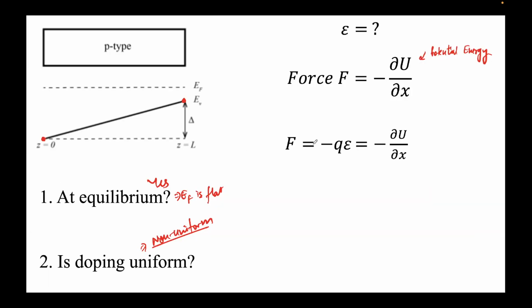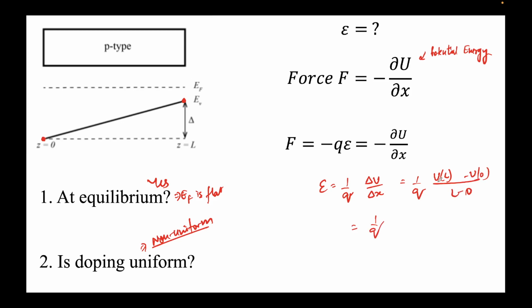Okay, so now let's solve it. The minus signs get cancelled, so I can write the electric field as 1 over Q, delta U over delta X. I'm just integrating it, you can say. So it comes out to be U at L, at the right edge, minus U at 0, over L minus 0.